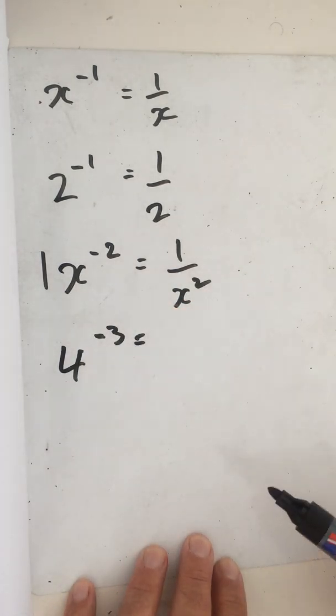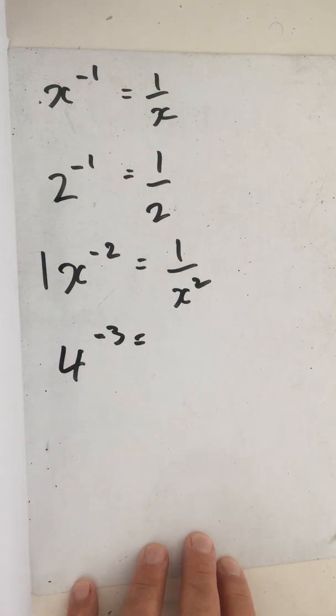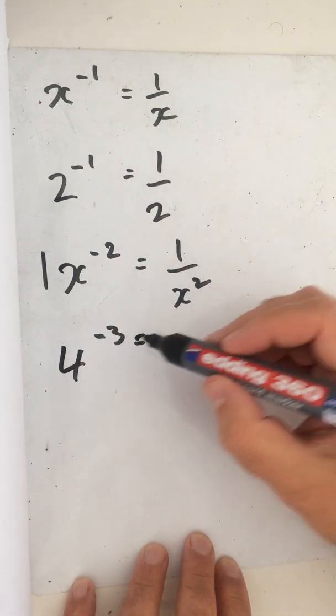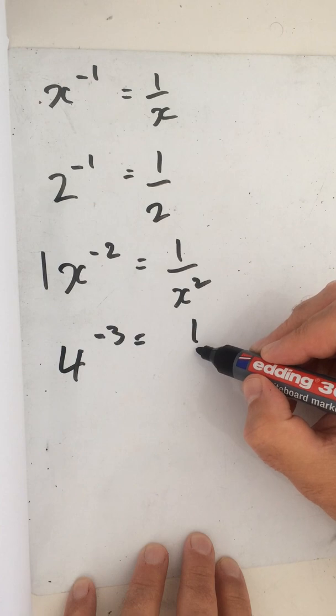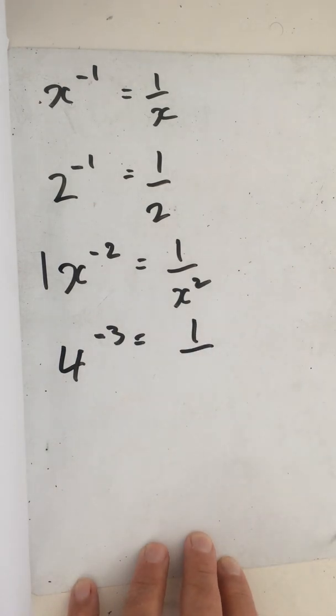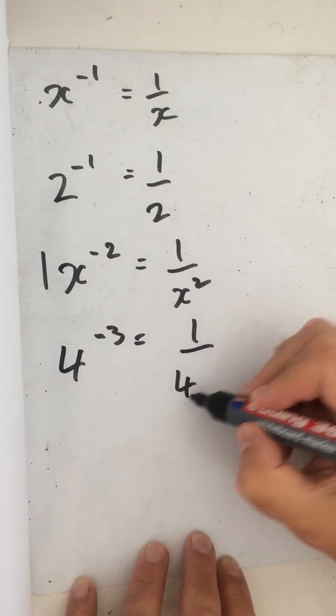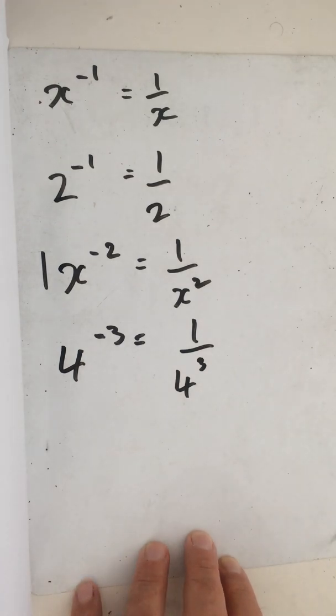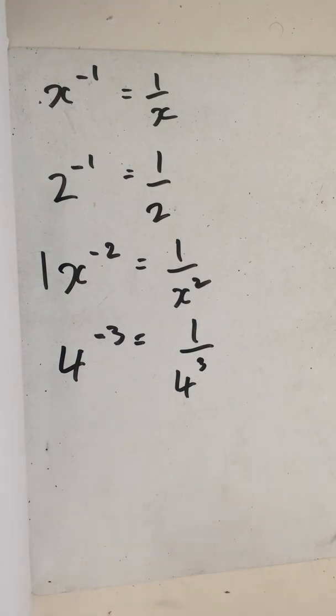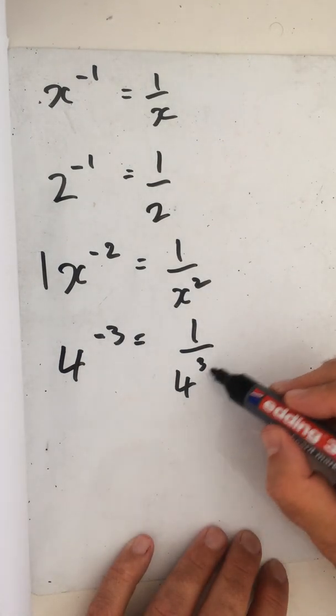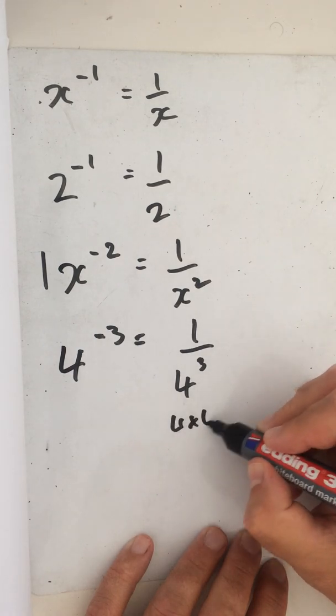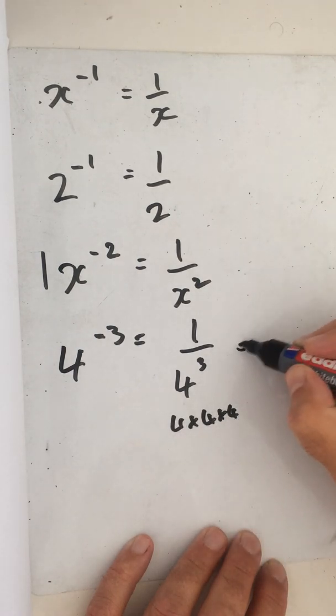Now what we're going to do here, because this is the minus, we're going to put that there. 1 over 4 to the power of 3. 4 to the power of 3, remember that's 4 times 4 times 4, which is 64.